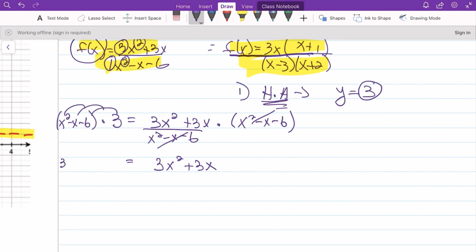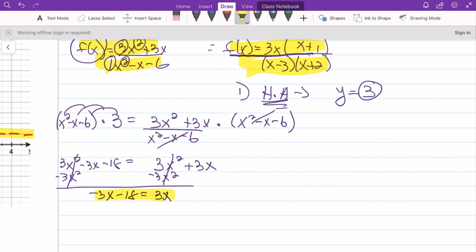So we have 3x squared minus 3x minus 18, and now we can solve this. So we're going to combine terms. We're going to subtract 3x squared on both sides. The 3x squares will cancel, and I have negative 3x minus 18 equals 3x. And at this point, you can clearly see we're going to be able to solve this.